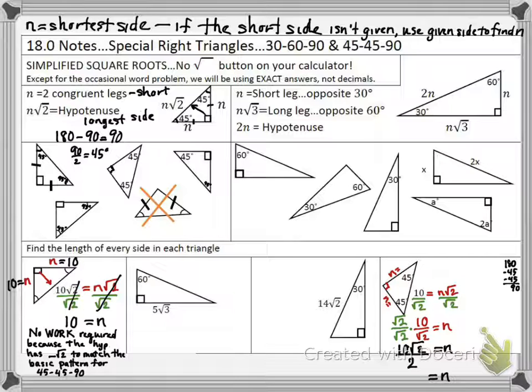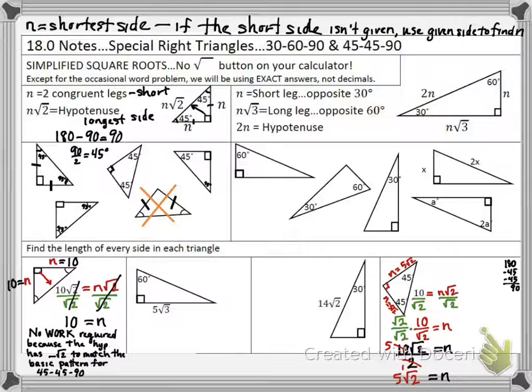Since 2 and 10 are both outside of the radical, I can reduce them. 2 goes in there once, 2 goes in there 5 times. I now have 5 root 2 equals my n side. That's actually both of these sides up here, isn't it? 5 square root 2 and 5 square root 2.